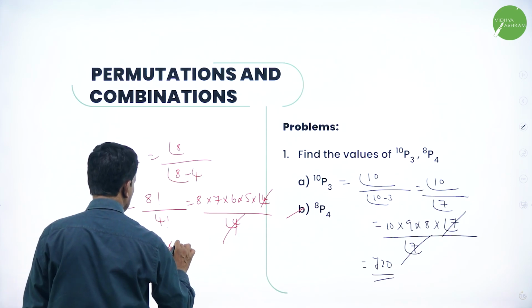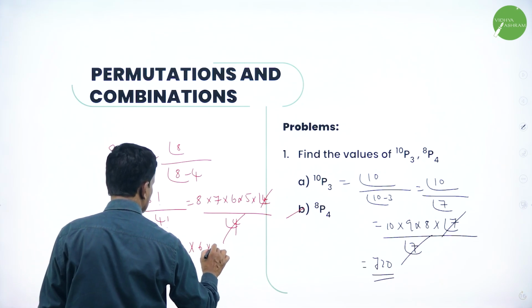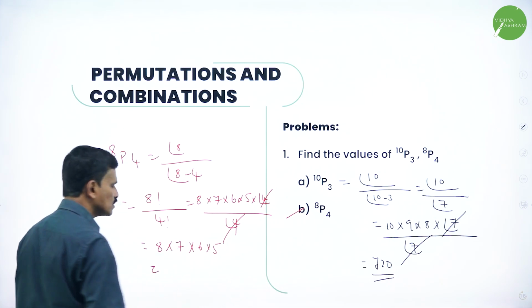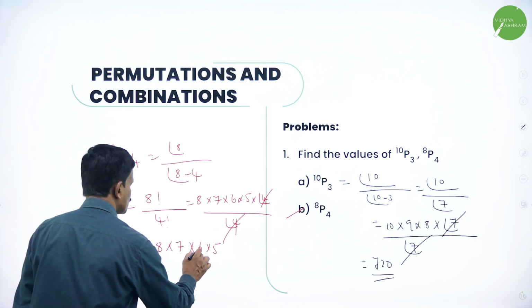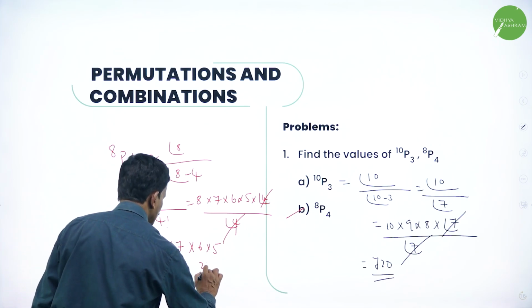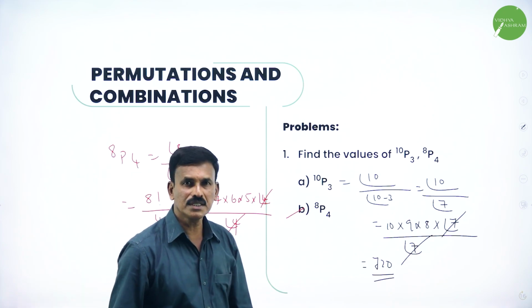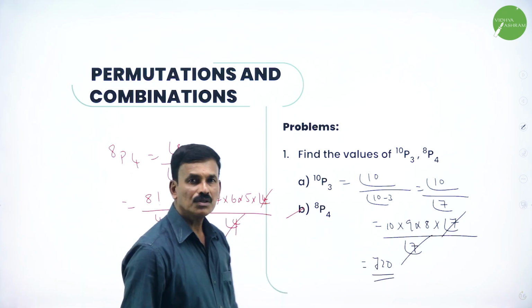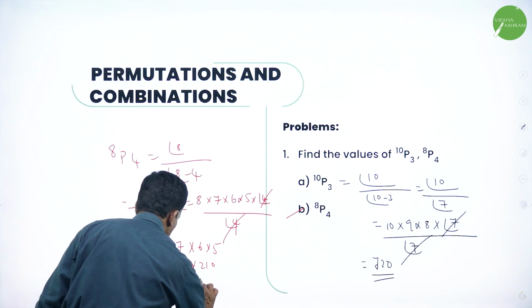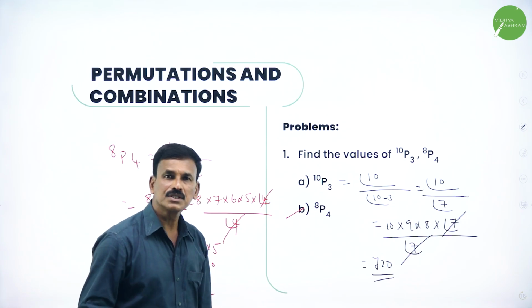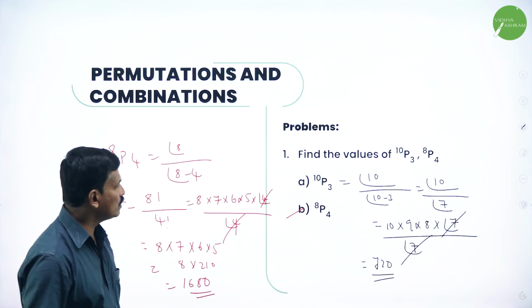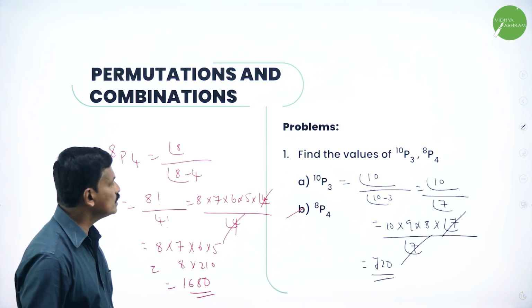What is left? 8 into 7 into 6 into 5. Multiply this: 5 into 6, 30, into 7, 210, into 8, that's equal to 1680. That's it. So, this is how we find the value of 10P3 and 8P4.